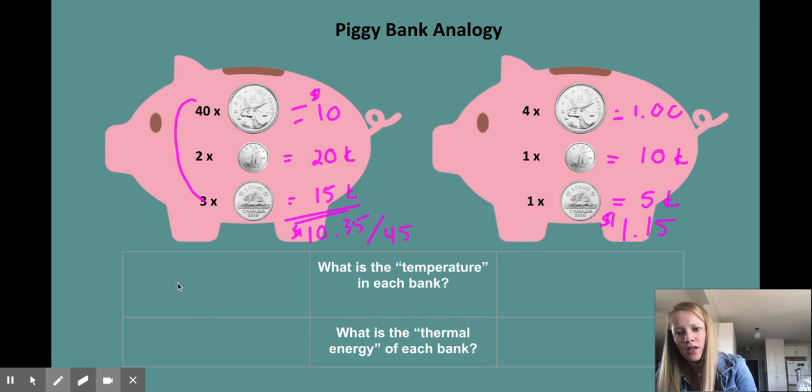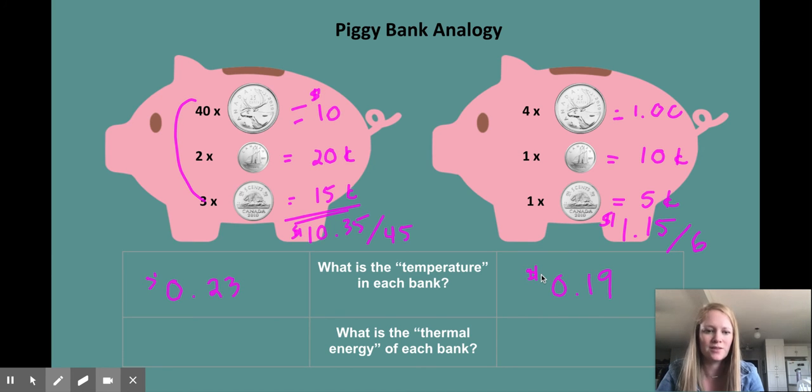And I should get my average to be 23 cents per coin. Well, this piggy bank doesn't have as many coins, so I'm going to take my total, $1.15, divide by, well, there's only 6 coins, and I should get, sorry, 19 cents.